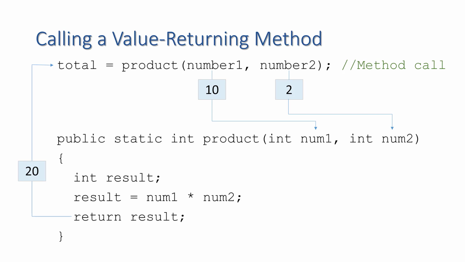The body of the method creates an integer variable result and stores the product of num1 and num2 in the variable. Therefore, 20 is stored in result. The return result statement causes the method to terminate and sends the value 20 back to the calling statement, which then assigns the returned result of 20 to total.